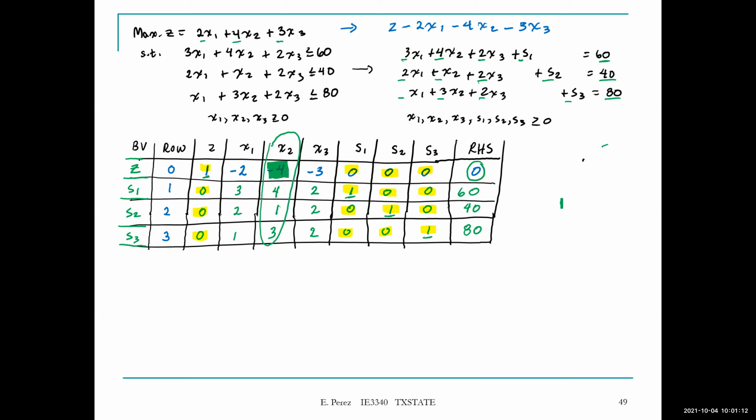So who's going to leave is going to be based on the minimum ratio test, in which we are going to divide the coefficient of the right-hand side by the coefficient of that column for the decision variable that is entering the solution. So this is 60 by 4, 40 by 1, and 80 by 3. So this is 15.